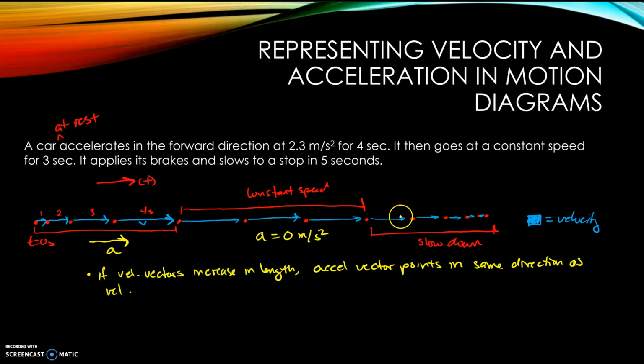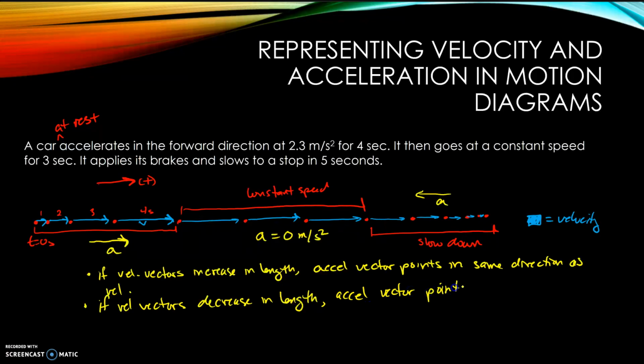This one's interesting. Notice that here the arrows are getting shorter and shorter and shorter. When that happens, the acceleration points in the opposite direction from my velocity. Okay, so if velocity vectors decrease in length, the acceleration vector points in the opposite direction from the velocity.